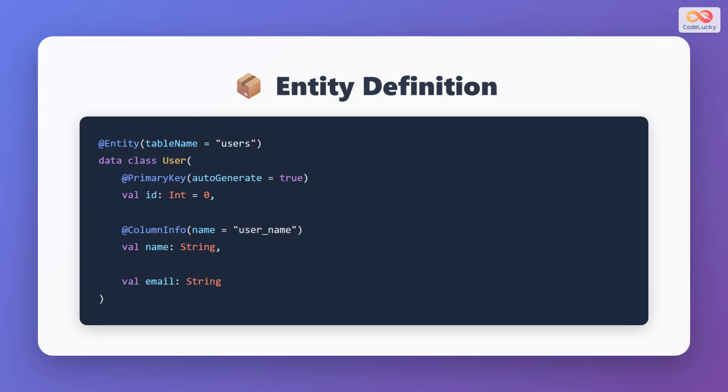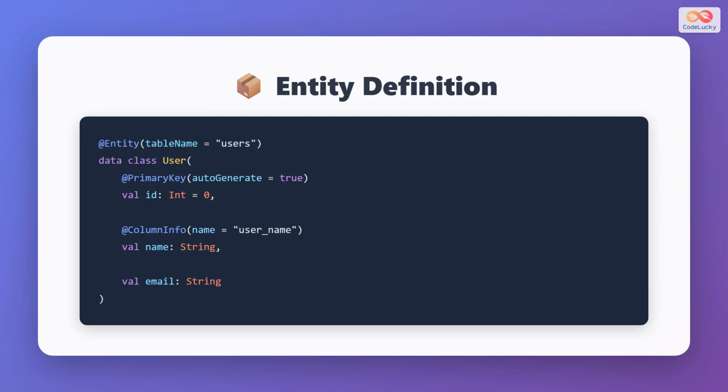Now let's create our first entity. An entity is a data class that represents a table in your database. We use the @Entity annotation to mark this class, and we can specify a custom table name using the tableName parameter. In this example, we are creating a user table with three fields. The id field is marked with @PrimaryKey and autoGenerate equals true, which means Room will automatically generate unique identifiers for each new user.